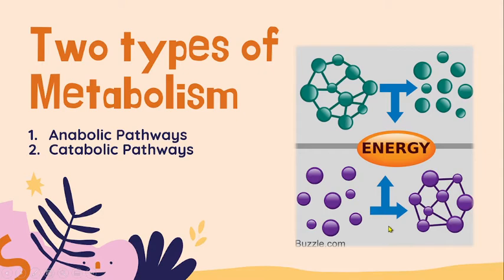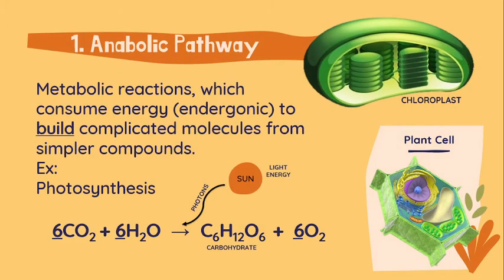Okay, right, let's proceed to the first one, the anabolic pathway. Now, these are metabolic reactions which, take note, consume energy, which means these are endergonic. What for? To build complicated molecules from simpler compounds. So take note, our keyword here is to build complicated molecules from simpler compounds.